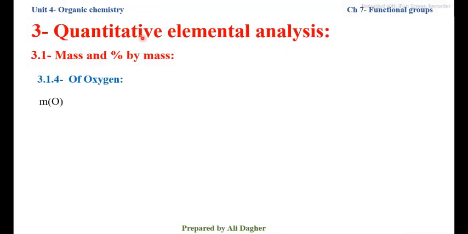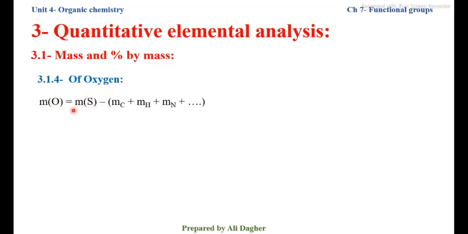For oxygen, the mass of oxygen is obtained from the sum of the masses of the elements calculated: carbon, hydrogen, nitrogen, and other elements. We subtract the sum of the masses of these elements from the mass of the organic substance.